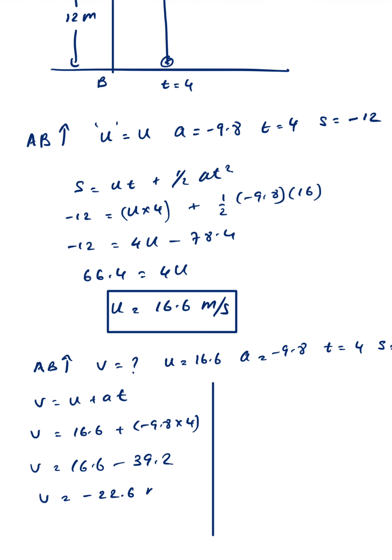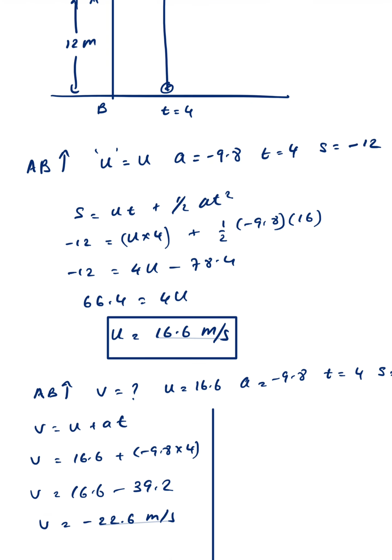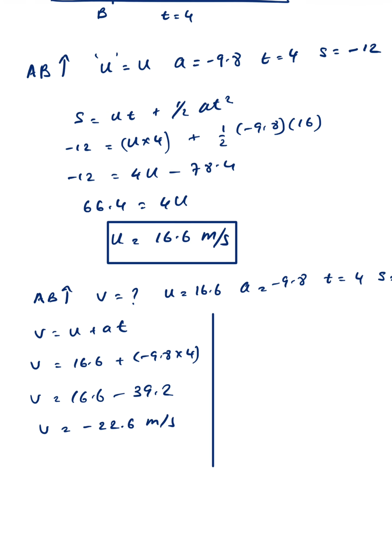However, they are asking for the speed, so speed has no negative value. So speed at B can say that is 22.6 meters per second.